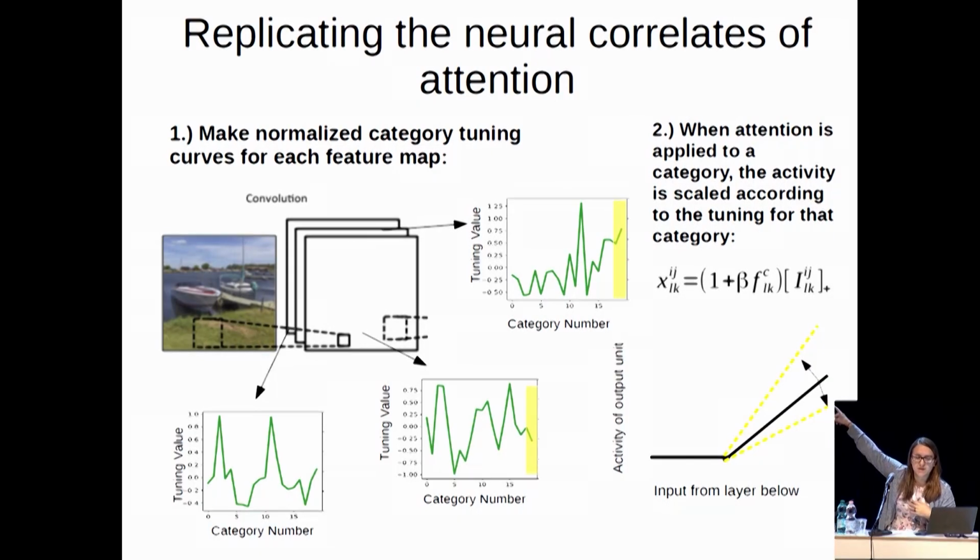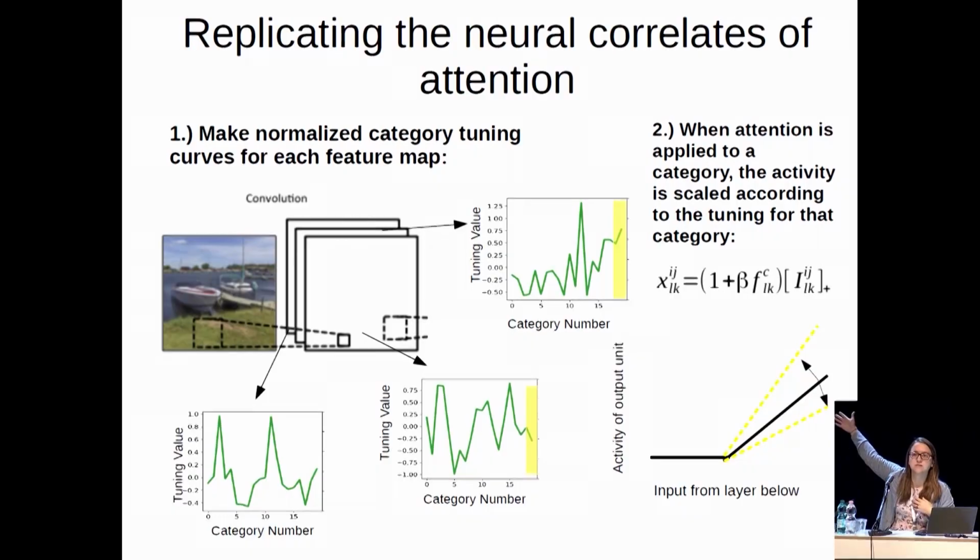So you can see, for example, if I wanted to apply attention to the last category in this plot, for the feature map on the top here, that feature map has a positive tuning value, so that means it prefers that category. So its input-output function here would be scaled upward. I'm just using the standard, in black, a normal rectified linear unit. That's what these models use. But now, when I apply attention, I want the firing rate of that feature map to be higher than it would normally.